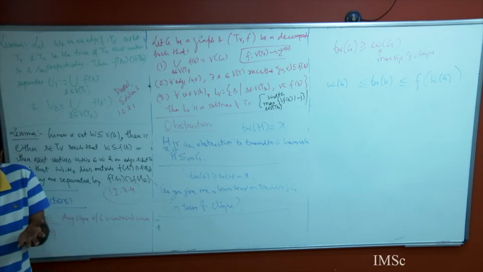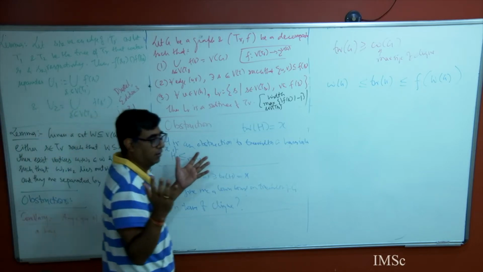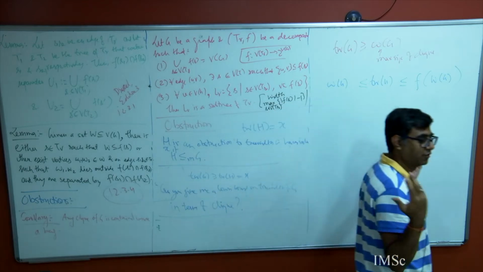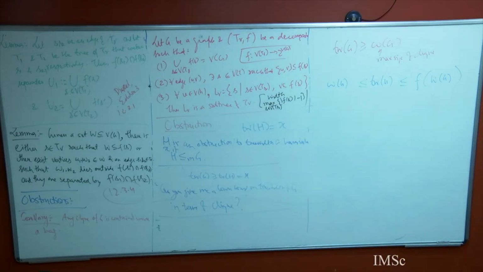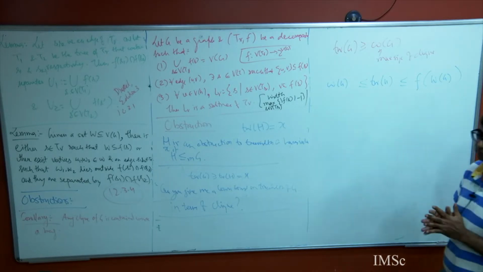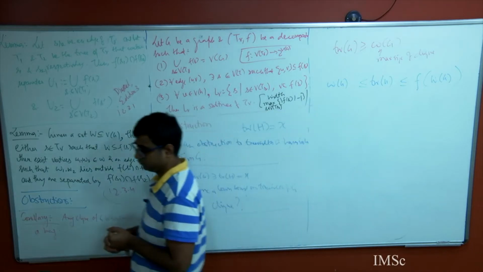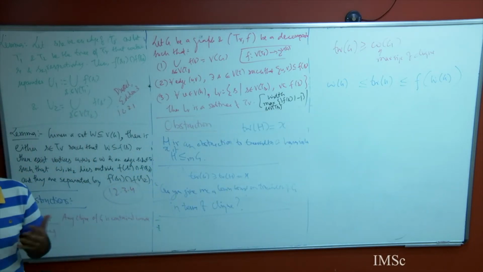I say, look, if a graph does not have a clique of size 10, then its treewidth is some function of 10. Can I say this? It would be great, no, if we could say this.